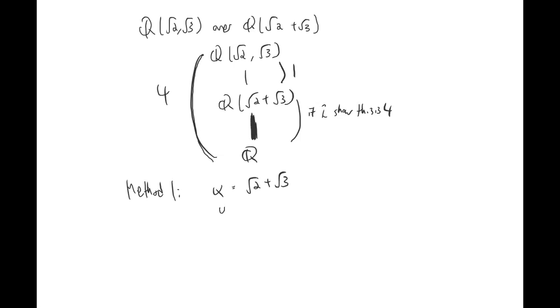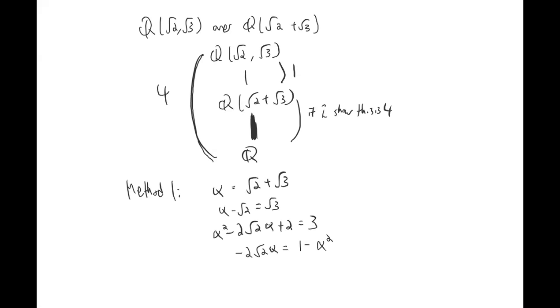Let's see, alpha minus root 2 is root 3. So what do I get? I get alpha squared minus 2 root 2 alpha plus 2 is 3. Negative 2 root 2 alpha is 1 minus alpha squared.